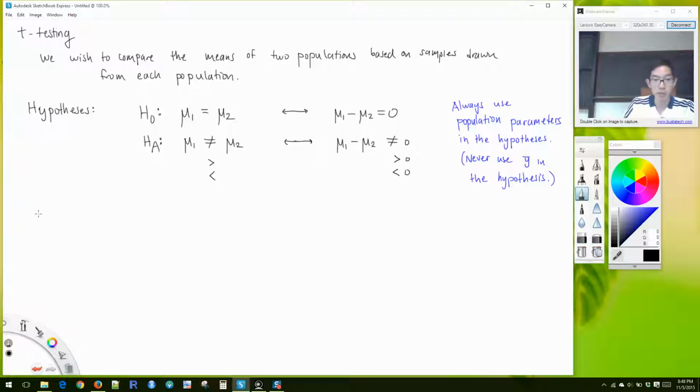Okay, the data required for our test: we need 6 pieces of data from sample 1 and from sample 2. We each need a sample size n1 and n2, the sample mean y bar 1 and y bar 2, and the sample standard deviation s1 and s2.